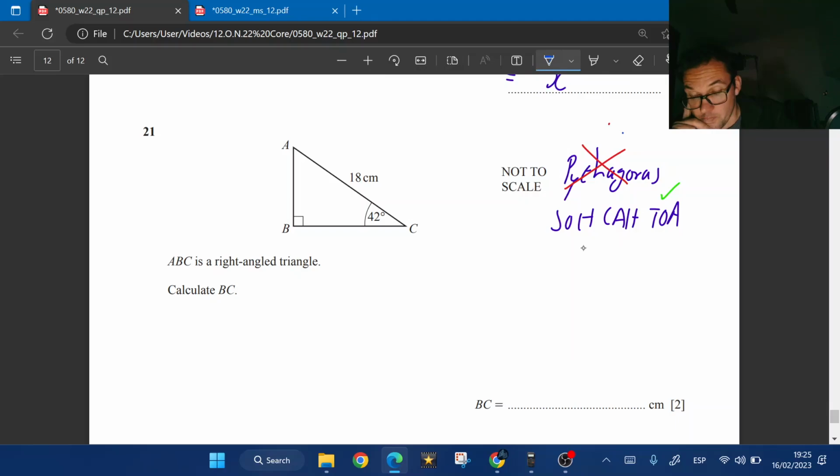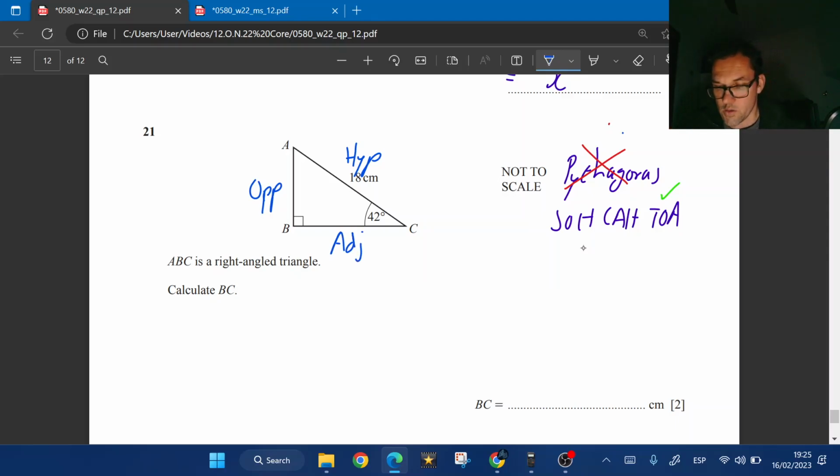Okay, so let's label the triangle first. First of all, the hypotenuse is the longest side, the side opposite the right angle. Then the side opposite the angle, that's the opposite, and the side next to the angle, that's the adjacent.